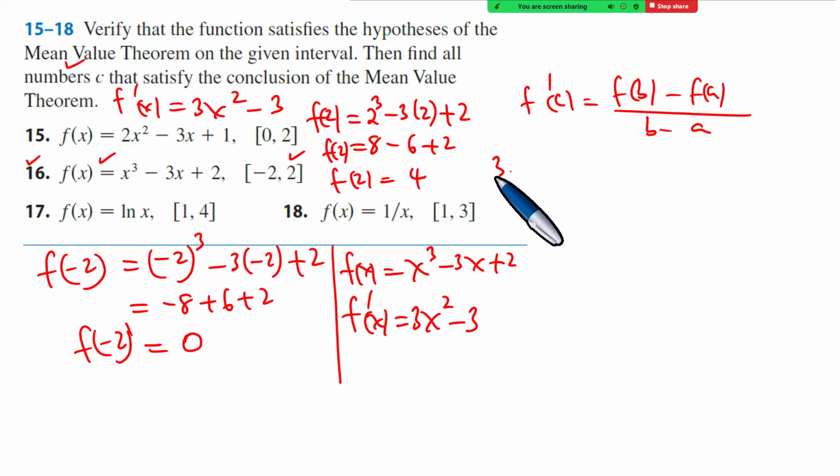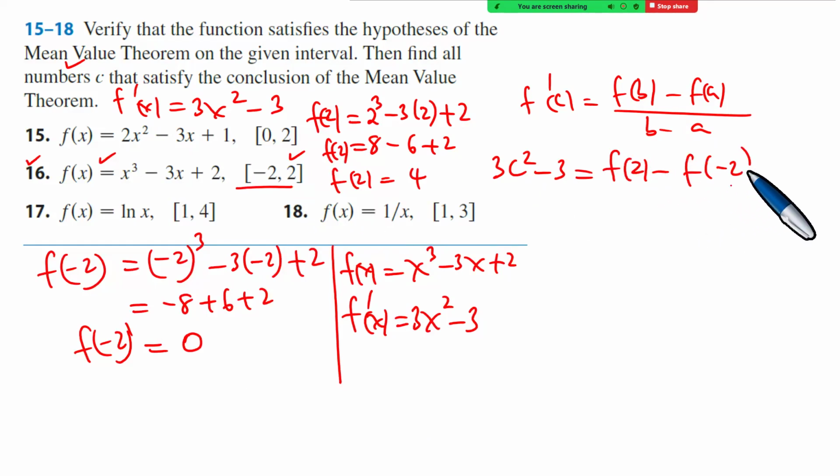So we have 3c squared minus 3 equals f of b minus f of a, that is, f of 2 minus f of -2. So it becomes f of the rightmost endpoint minus f of the leftmost endpoint, divided by the same difference b minus a.